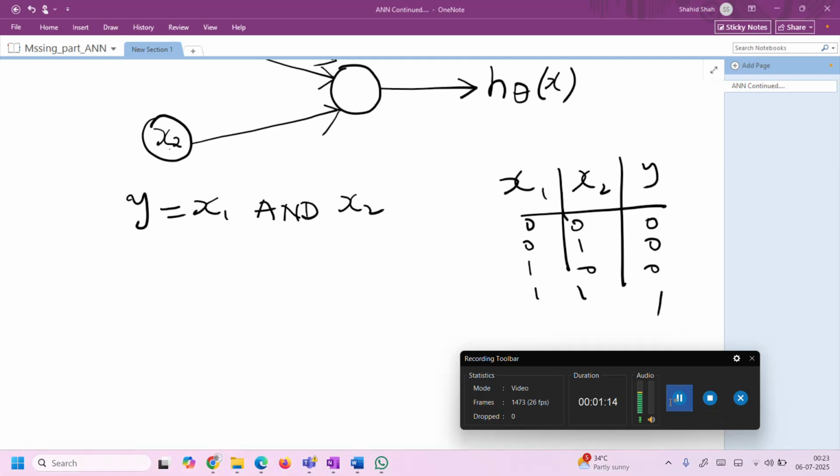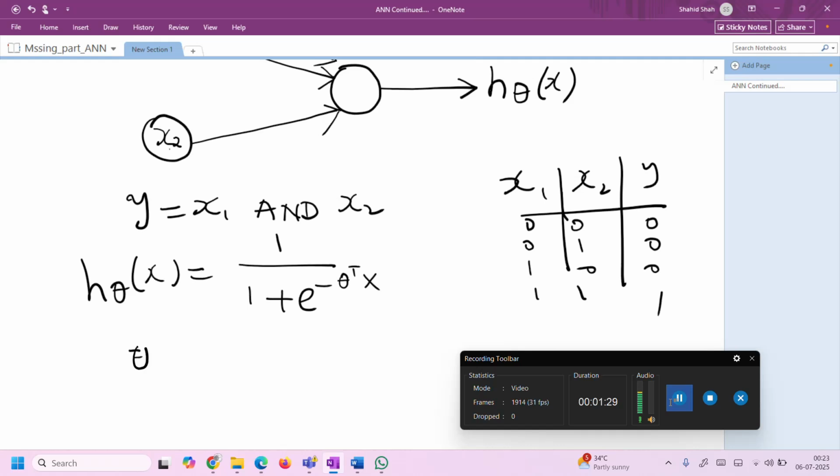So what is our hypothesis function? We know that it is the sigmoid function, 1 over 1 plus e to the power minus theta transpose x. And what will be theta transpose x? Let's write theta as theta 0, theta 1, theta 2. Since we have only two layers, we will not complicate the notation here.